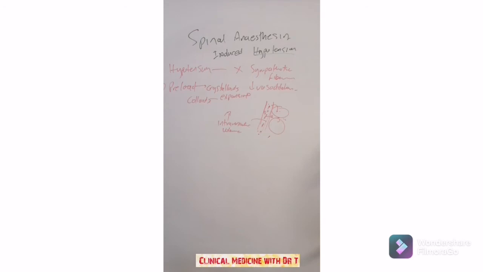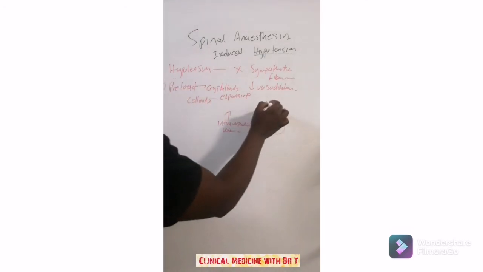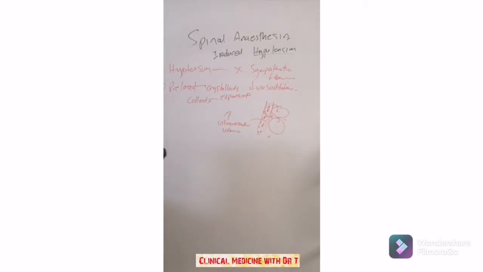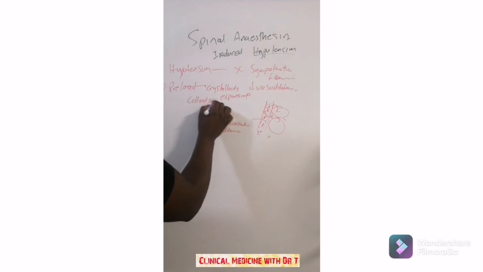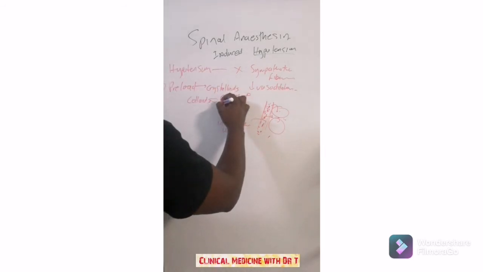The advantage is that they tend to stay for a longer time in the intravascular space. But the issue is that they are expensive, and there are people that develop anaphylaxis from them.